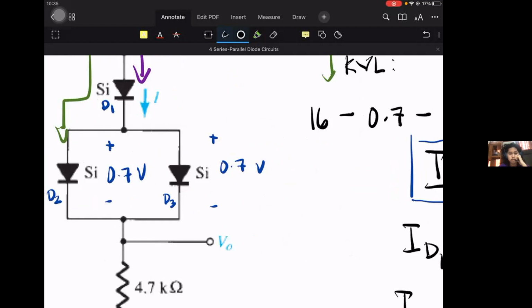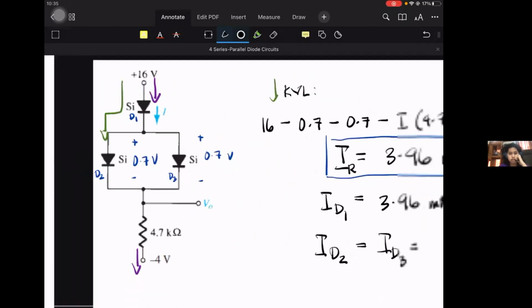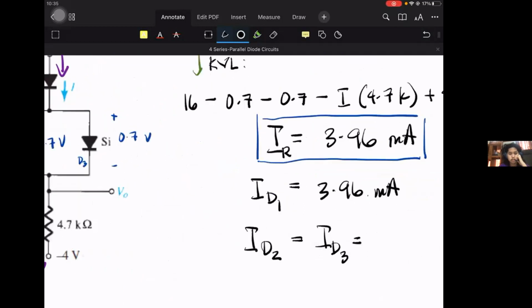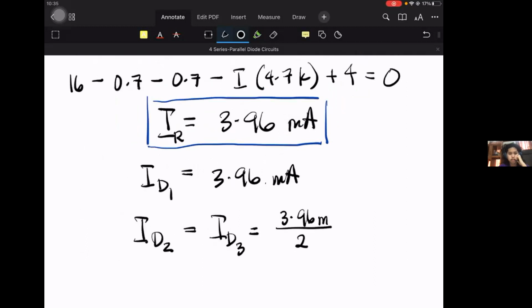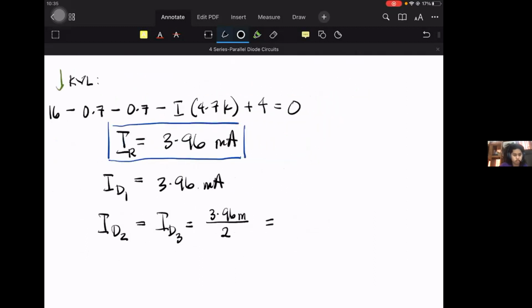And because the same ra ang atong diode 2 and diode 3, whatever current nga mo flow in and flow out, divide lang na siya by 2. So 3.96 milliamperes divided by 2. Pila na siya? 1.98, sir.